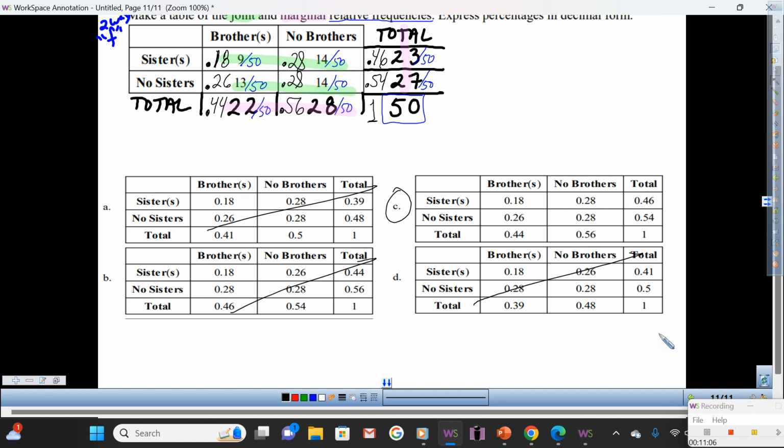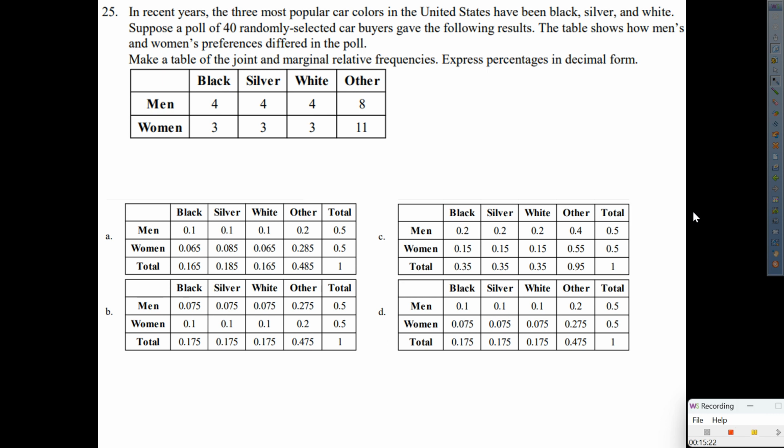Does everybody see? All right, send me your notes. We'll look at the problem at hand. Number 25 reads, in recent years, the three most popular car colors in the United States have been black, silver, and white. Suppose a poll of 40 randomly selected car buyers gave the following results. The table shows how many men and women preferences differed in the poll.